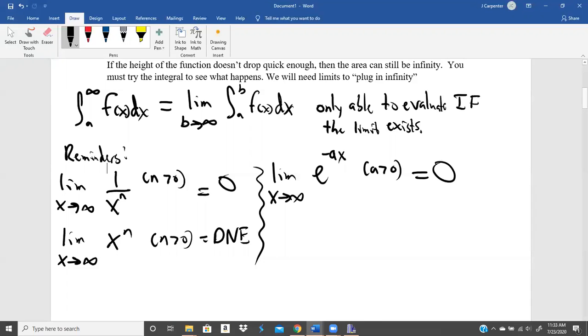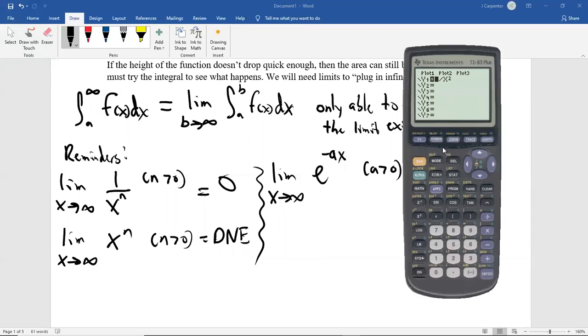If you don't trust that, calculator, let's just do e to the negative, and I can make up any positive a value. Let's do e to the negative 3x. Let's see what happens here. Look at that. It fell really quickly. If you trace it, by the time you're at 1.7, you're already at 0.006.